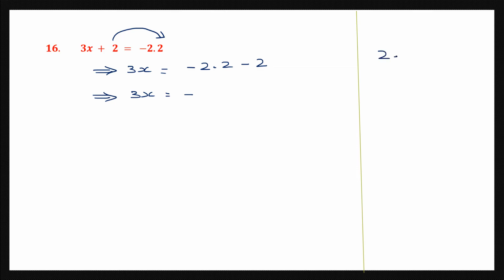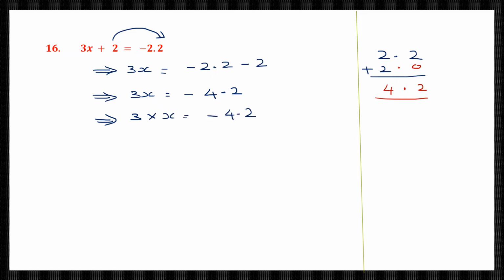So 2.2 plus 2. So let's add that after making them like decimals. So 2 and we put the point 2 plus 2 is 4. So what do we get here? 4.2. So 3x means 3 into x is minus 4.2.